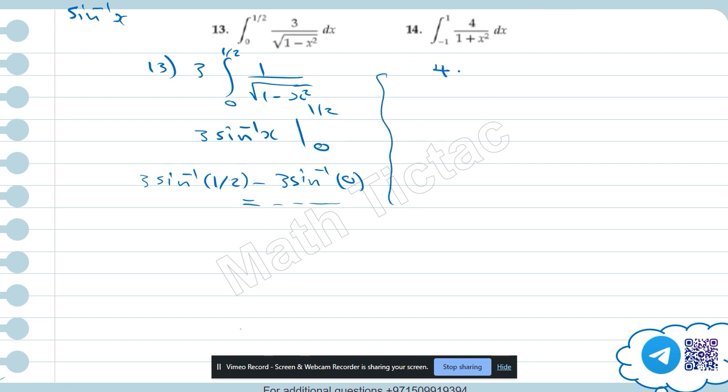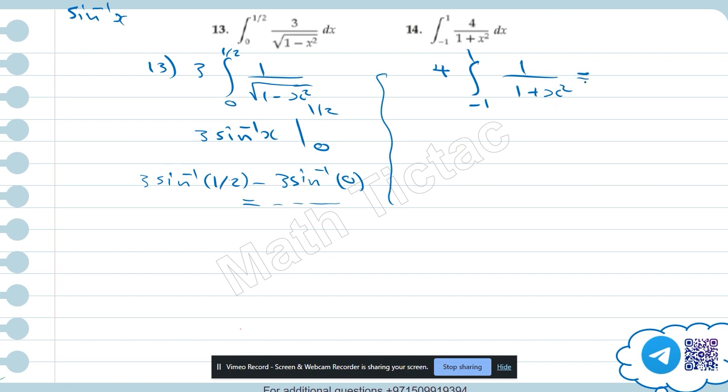The same thing over here, the 4 outside, integration from minus 1 to 1 of 1 over 1 plus x squared. So what is the function whose derivative equals 1 over 1 plus x squared? This is going to be tan inverse.